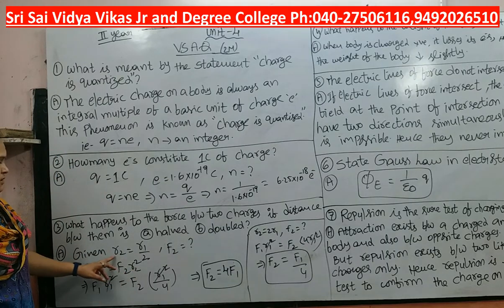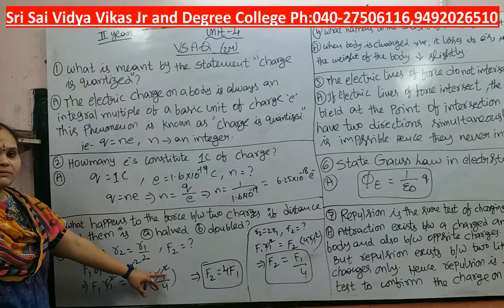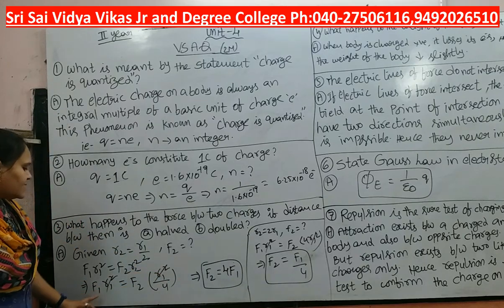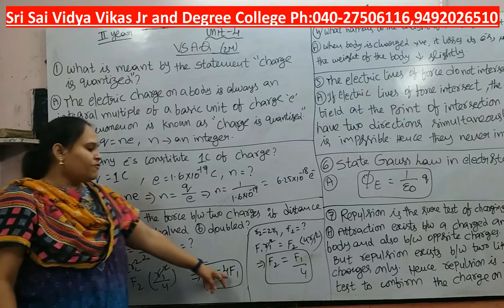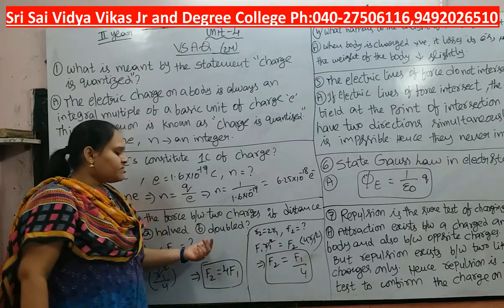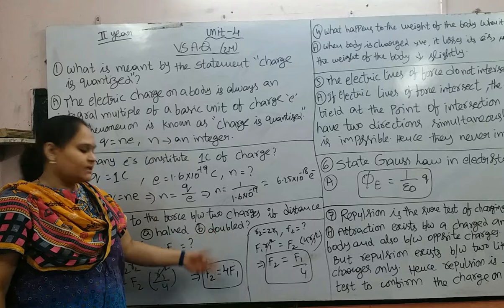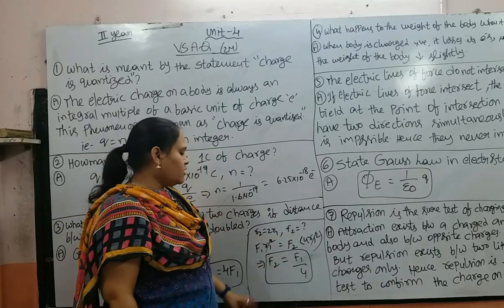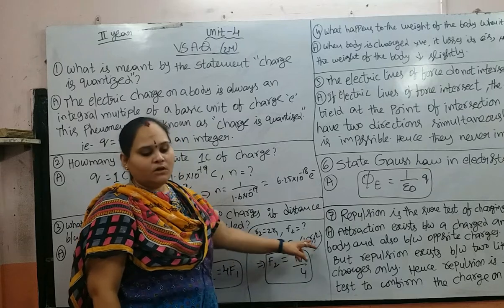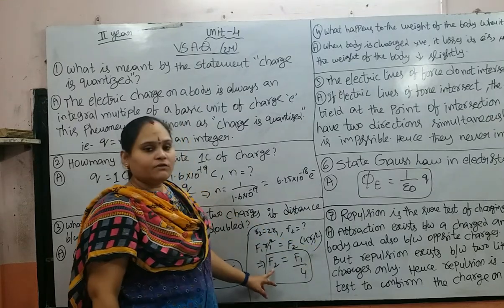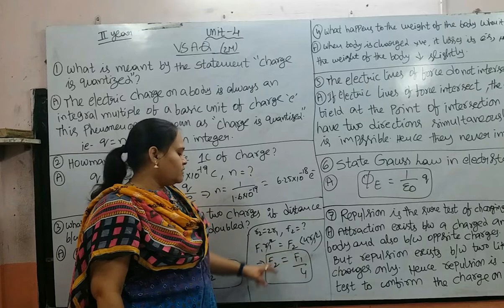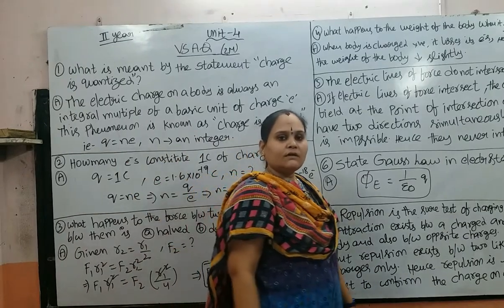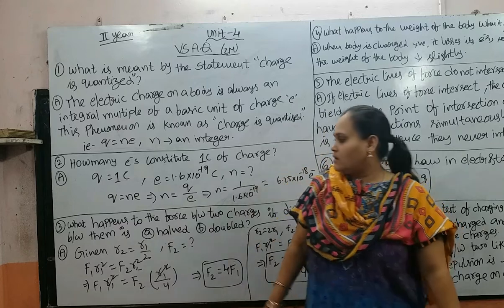Substituting R2 as R1 by 2 whole square, that means R1 square by 4, R1 square cancels and F2 equal to 4F1. That means when the distance is halved, the force becomes 4 times. Similarly, R2 equal to 2R1: F1 R1 square equal to F2 into 4R1 square, R1 square cancels, so F2 equal to F1 by 4. If the distance is doubled, then the force becomes 1 by 4th of it.